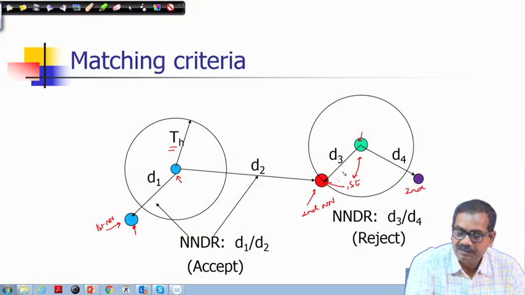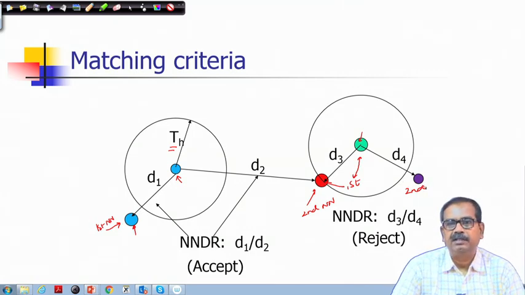And the second nearest neighbor is also quite close, as you can see, because there is an ambiguity of descriptors in this case. And if I take the ratio D3 by D4, then this ratio is expected to be higher, and then with appropriate thresholding you can reject them.